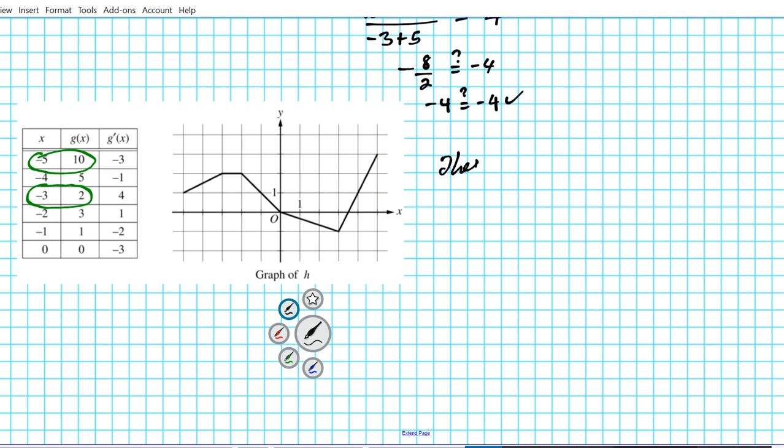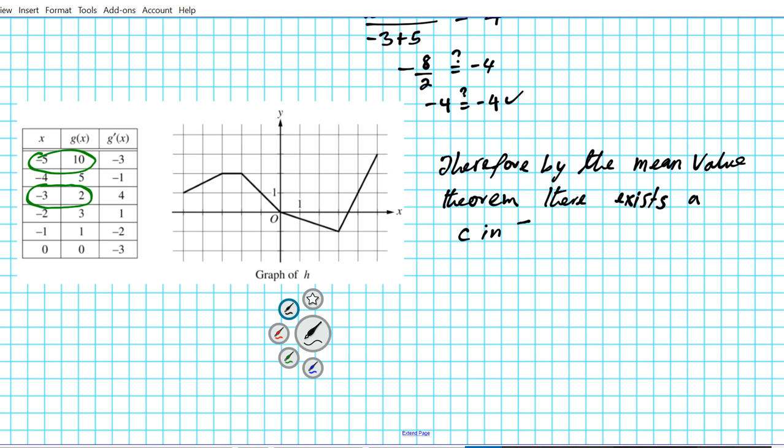Therefore, by the MVT, or by the mean value theorem, there exists a C in the open interval -5 to -3, where the derivative at that point, or the slope of the tangent line, is equal to -4, the slope of the secant line.